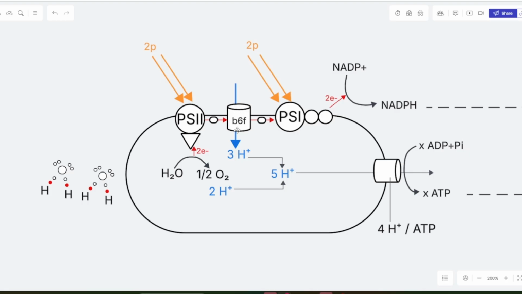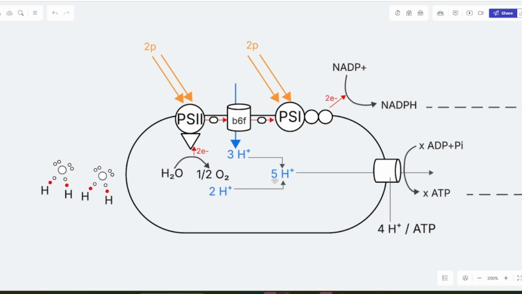So that means we get, for every 2 electrons, 2 protons for the plastoquinol, plus 1 proton for the Q cycle in b6f, giving us 3 protons. Now, as you can see, we also got 2 protons from the oxidation of water, because we have these 2 H pluses that were sitting here. And so we've accumulated 5 protons that are available for the so-called proton motive force.